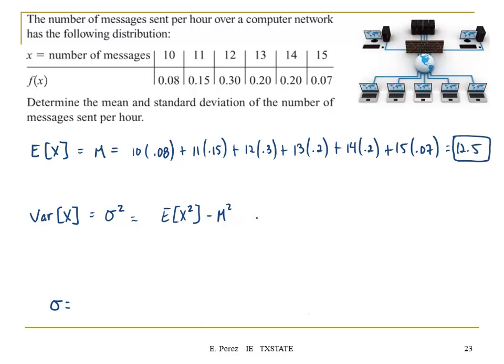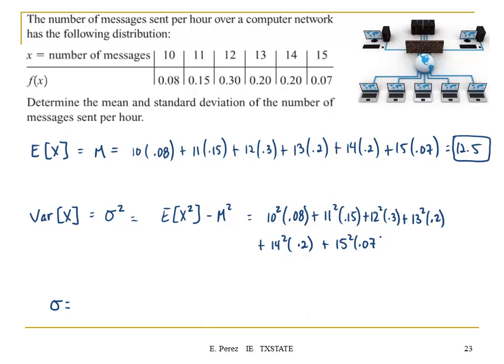To find that, this is equal to 10 squared multiplied by 0.08 plus 11 squared times 0.15 plus 12 squared times 0.3 plus 13 squared times 0.2 plus 14 squared times 0.2 plus 15 squared times 0.07.